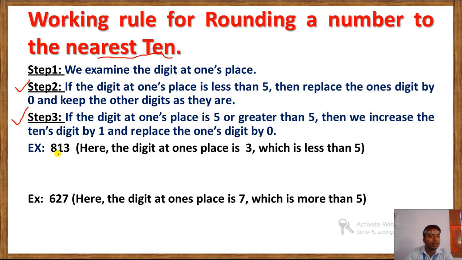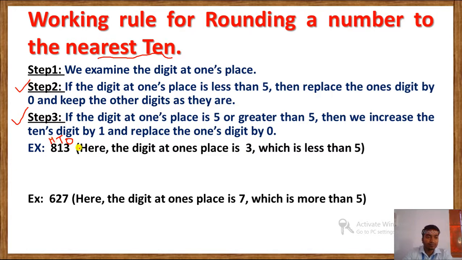Now see the example and try to understand the concept. Here we have the number 813. According to step number 1, we first see the digit at the ones place. This is about the nearest 10. This is ones, this is tens, and this one is hundreds.